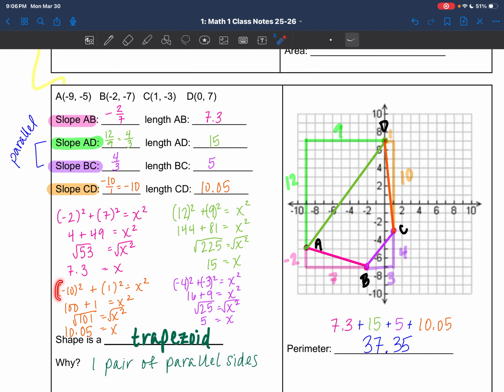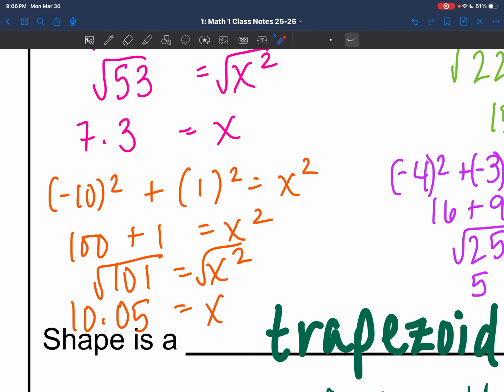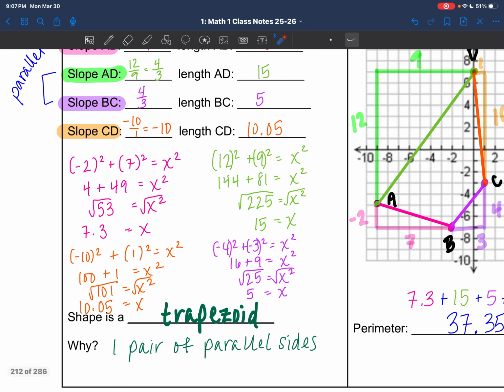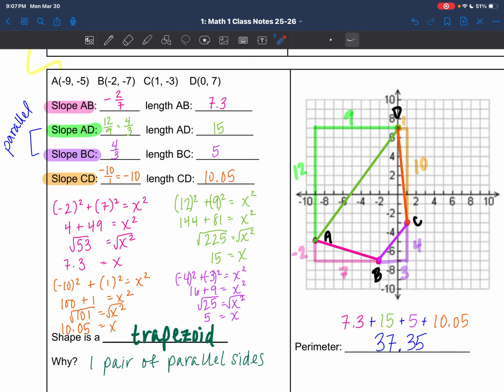And in this case, I went down 10 and to the right 1. But either way, go ahead, plug that in. You're going to get 100 plus 1, which is 101, equals x squared. Then to undo the square, take the square root of both sides, and you'll get 10.05 is approximately x. So now, I know this is 10.05.